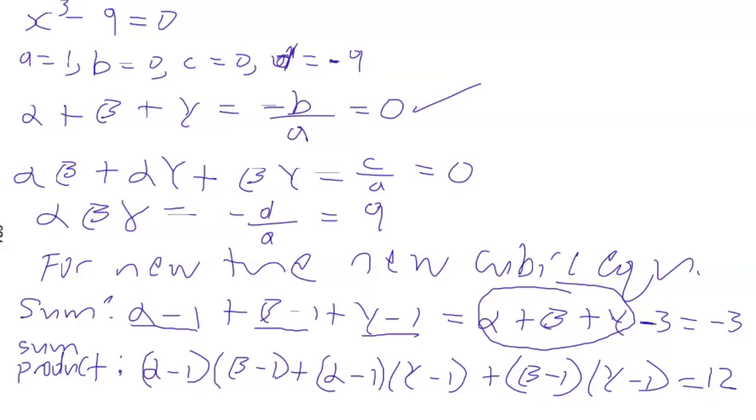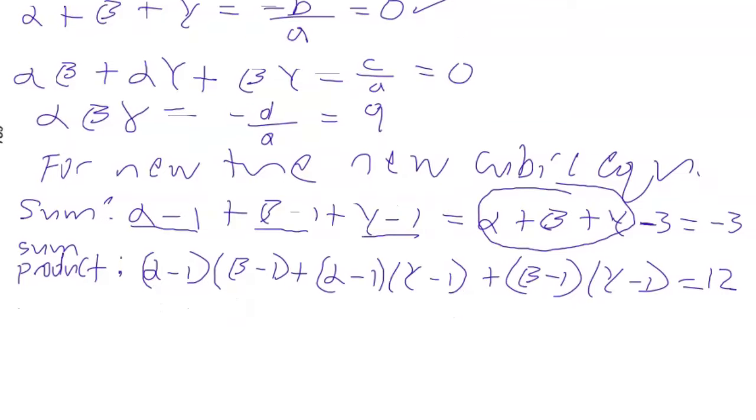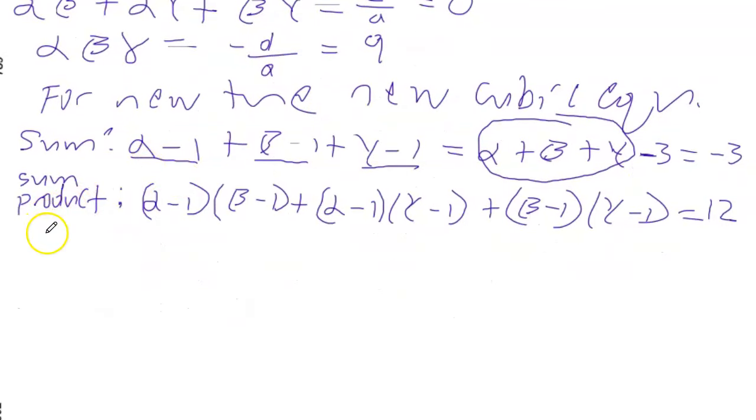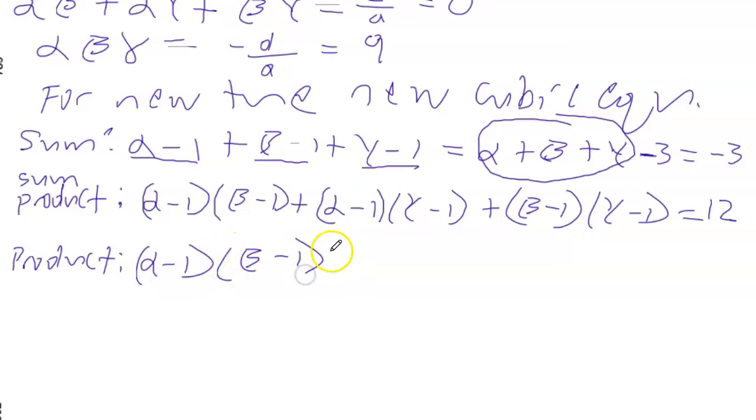And then the final, we need to find out the product of the three roots. So the product, and the three roots again are alpha minus 1 times beta minus 1 times gamma minus 1. Alright, let's expand.